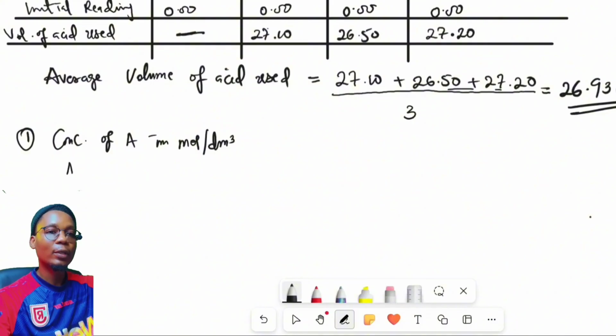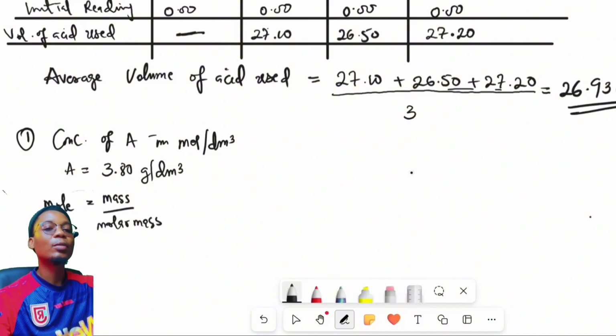So they give us that A is a solution of 3.80 gram per dm cubed. So we're going to use the formula that connects mole with mass and molar mass. It is actually mole equals mass over molar mass.